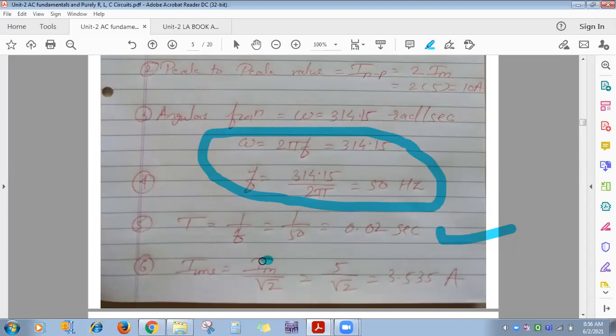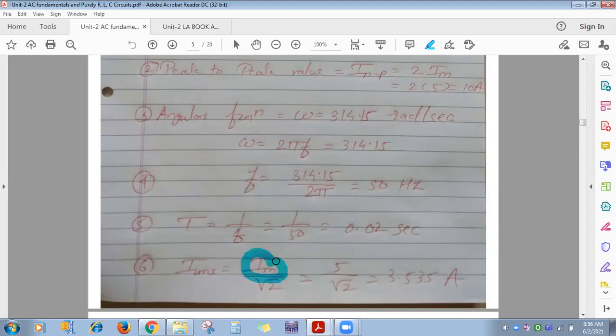Now peak value we know, 5 ampere. How will you calculate the root mean square value? Peak upon root 2. You will get 3.535 ampere as the RMS value. Now can we calculate the average value?